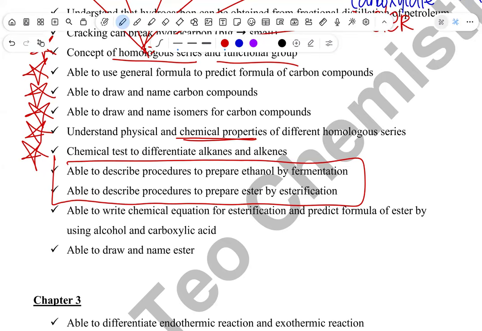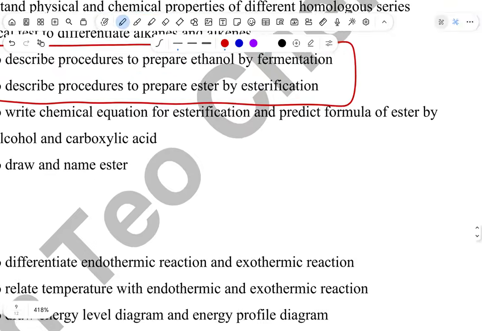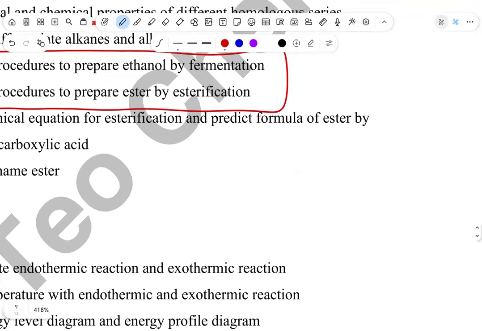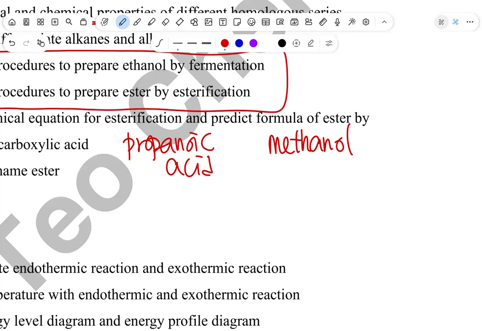After that, make sure everyone knows how to write the chemical equation for esterification and how to predict the ester formula. Okay, example. Today, if I have, let's say, propanoic acid and I have methanol, can we write the equation for esterification? Yes. Carboxylic acid, CnH2n plus 1 COOH.